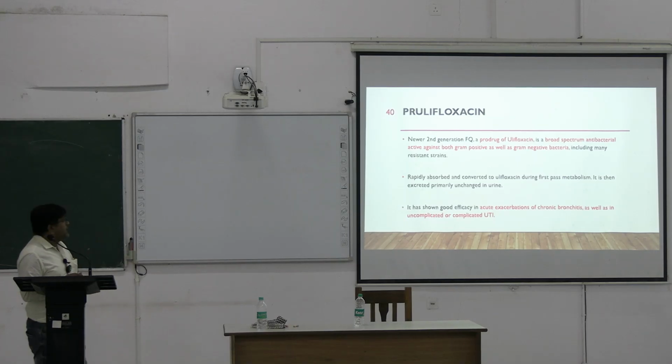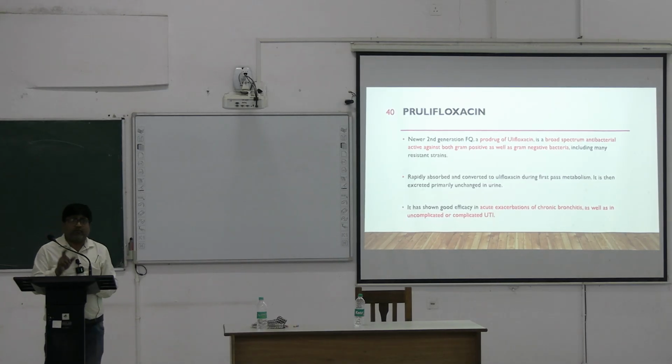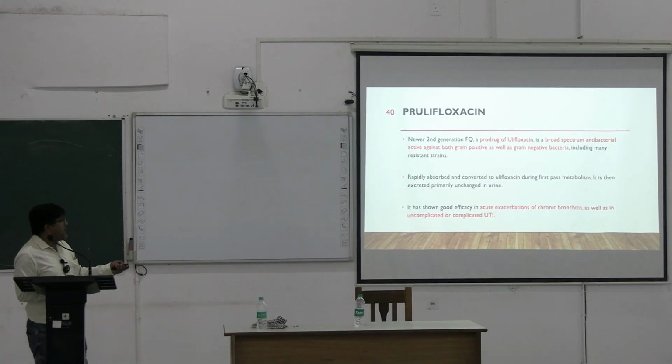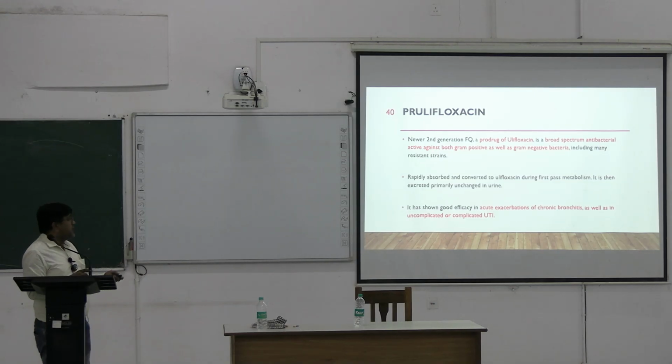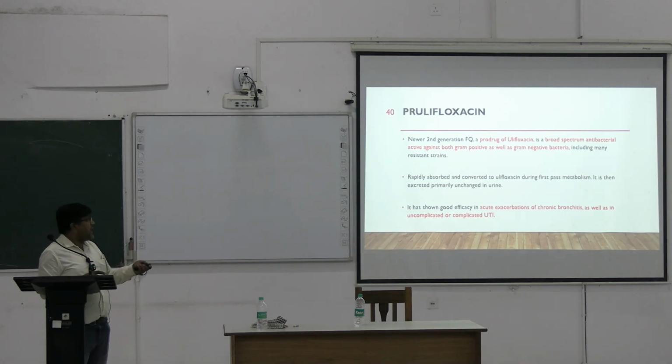Prulifloxacin is a newer second generation fluoroquinolone, a prodrug of ulifloxacin, having broad spectrum antimicrobial activity against both gram-positive as well as gram-negative organisms, including many resistant strains. Rapidly absorbed, converted to ulifloxacin during first pass metabolism, and excreted primarily unchanged in urine.